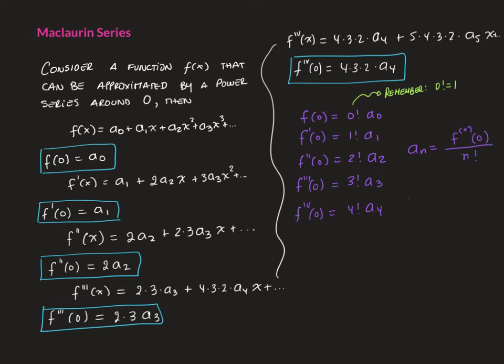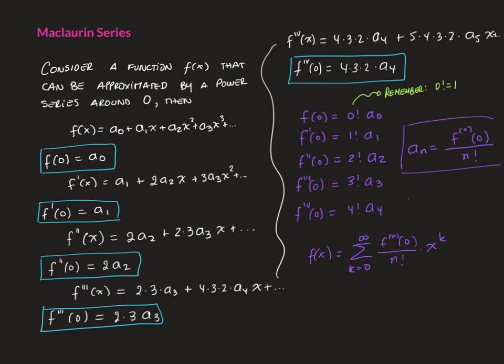So with this in mind, I can define my polynomial f of x as a series that goes from n equals 0 all the way to infinity, because it's an infinite series, of the coefficient, the nth derivative of f at 0 over n factorial, times the power of x to build the power series.